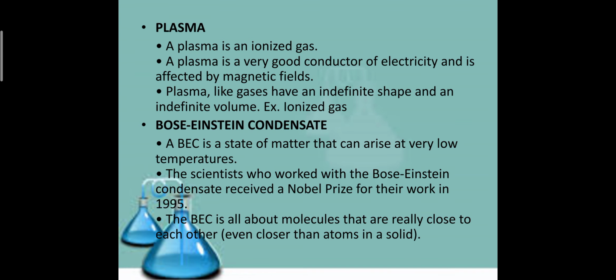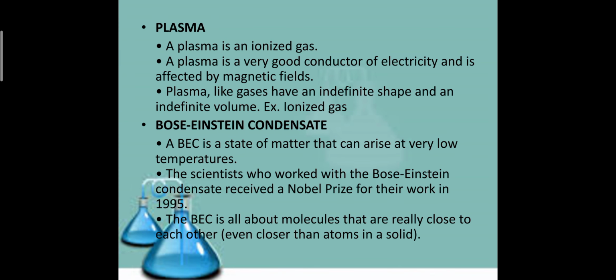Next is Bose-Einstein condensate. Now, BEC is a state of matter which occurs at a very low level of temperature. Scientists who worked with the Bose-Einstein condensate received a Nobel Prize for their work in 1995. Now, it is all about molecules that are really close to each other, even closer than atoms in a solid.